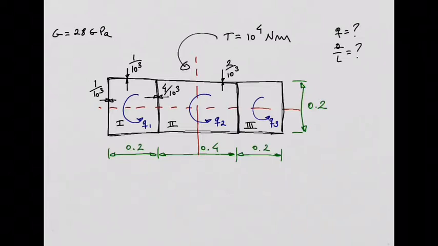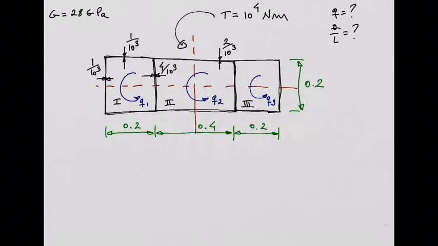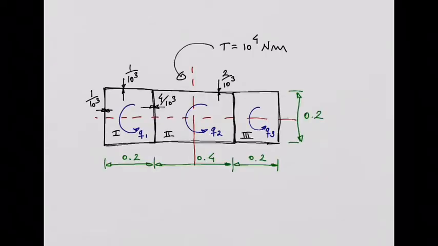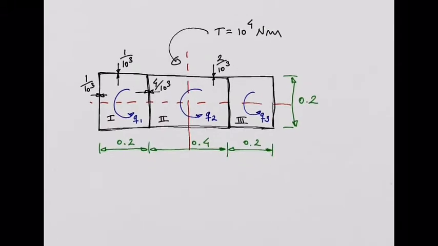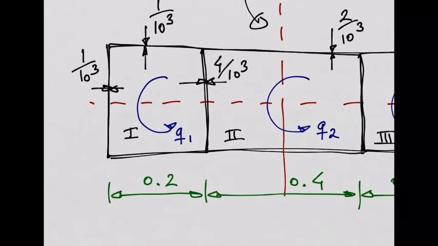Now, why am I doing this? Because, don't forget, we need to have the shear flows in each wall of this cross section. So I'm just going to copy this. All right, so what is going to happen is, if we start with cell number 1, this shear flow Q1 will be flowing in this wall, okay?